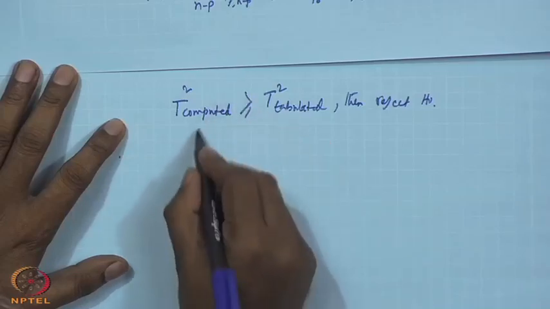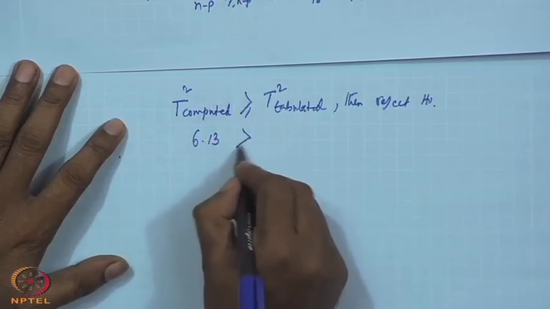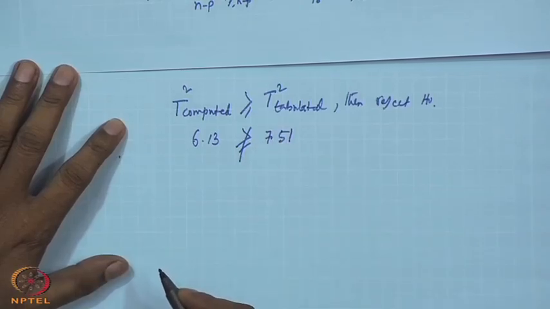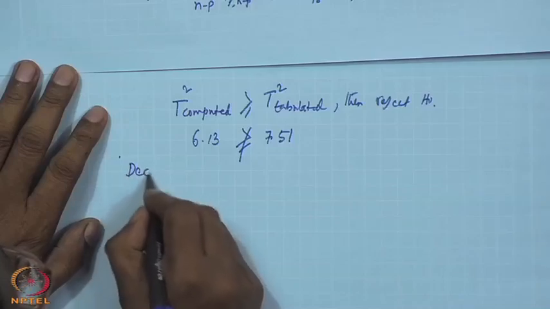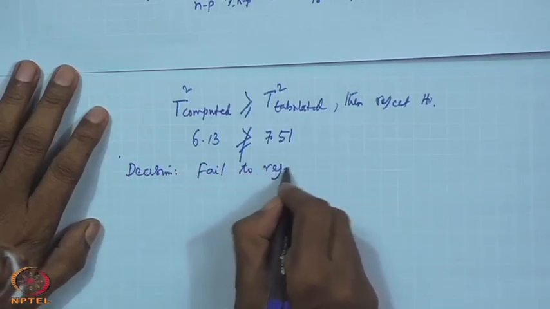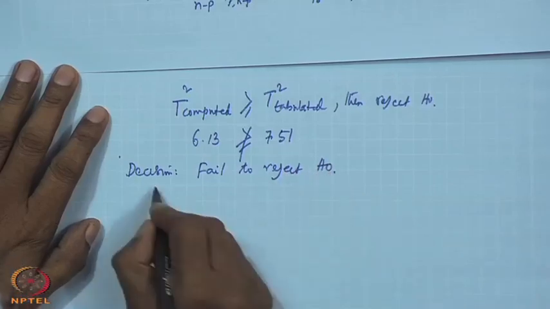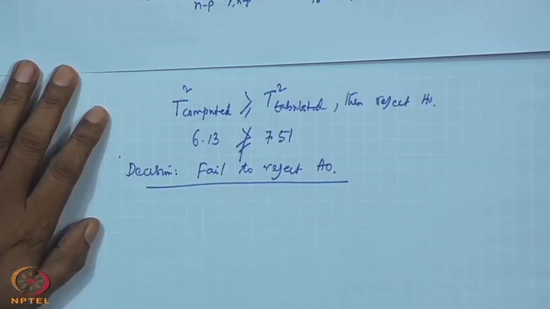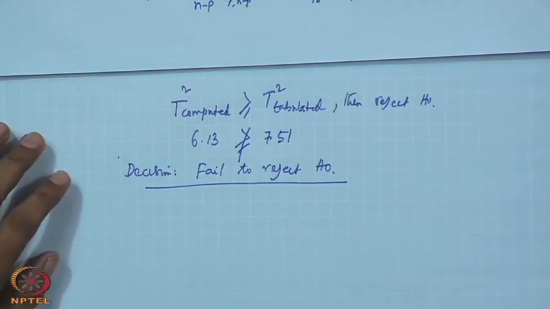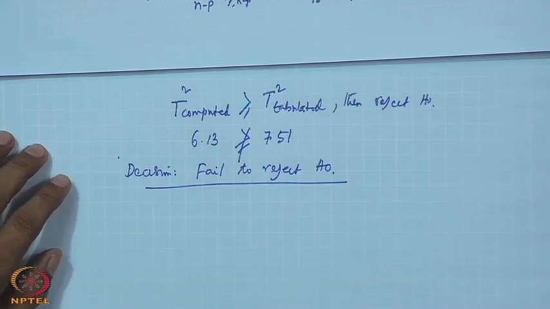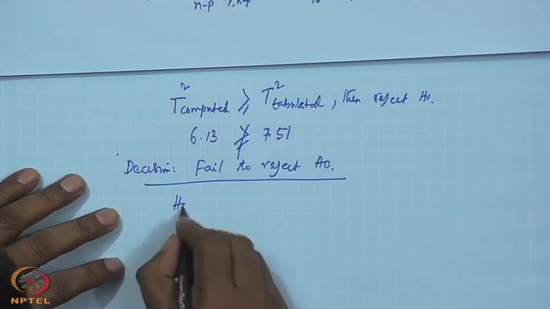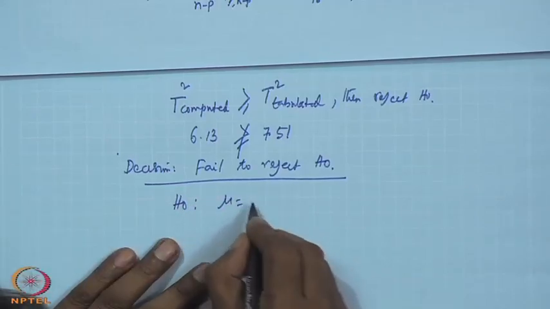So, our computed one is 6.13, is it greater than or equal to 7.51? No. So, our decision is fail to reject H0, fail to reject H0. Mu equal to mu 0. Your null hypothesis H0 is mu equal to mu 0.